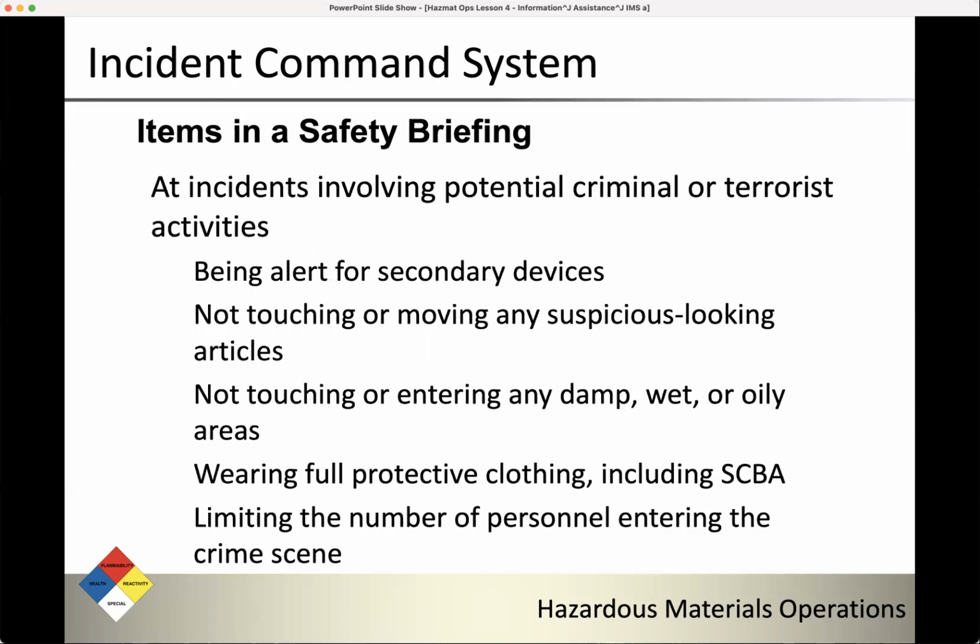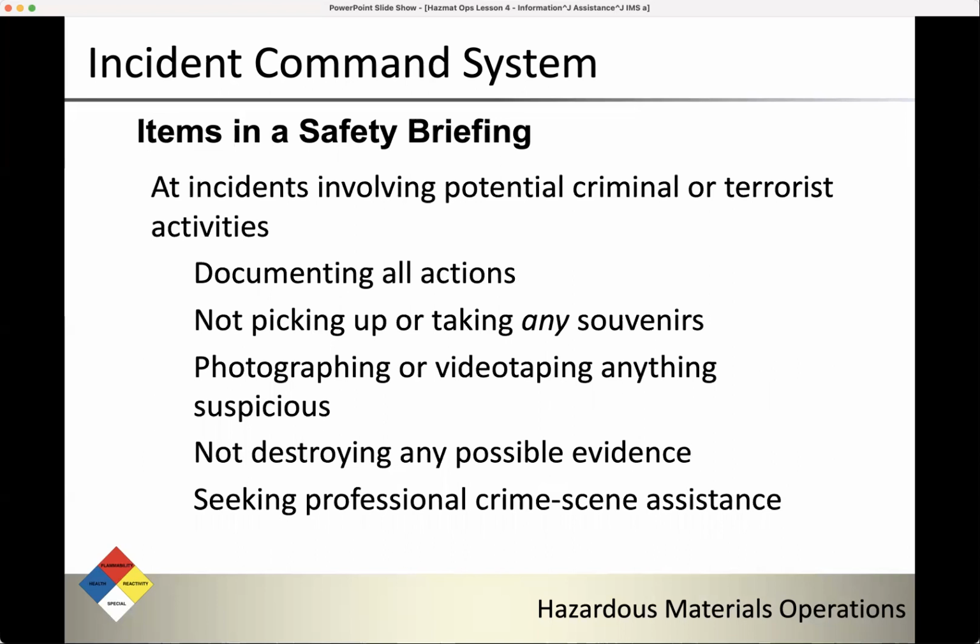When you involve potential criminal or terrorist activities, we're going to remind you to be alert for secondary devices, no touching or moving any suspicious looking articles, no touching or entering any damp, wet, or oily areas. You're going to wear full protective clothing, including SCBA. We're going to limit the number of people entering the crime scene. I'm going to add that to incidents involving potential criminal or terrorist activities.